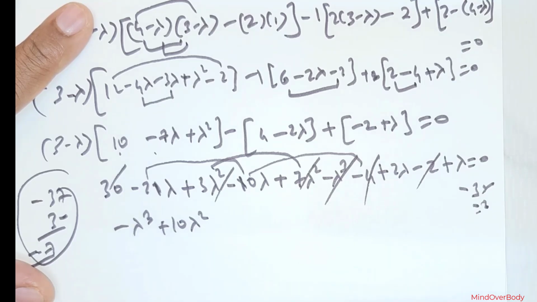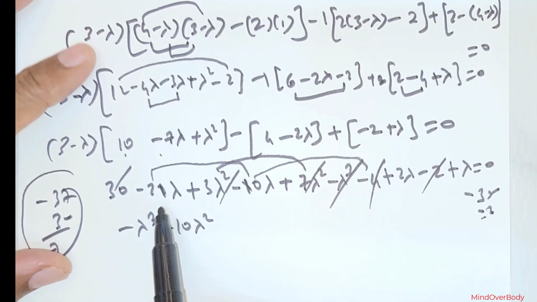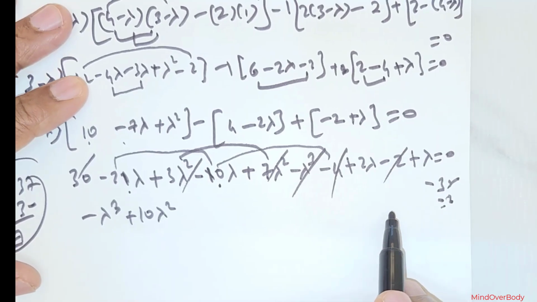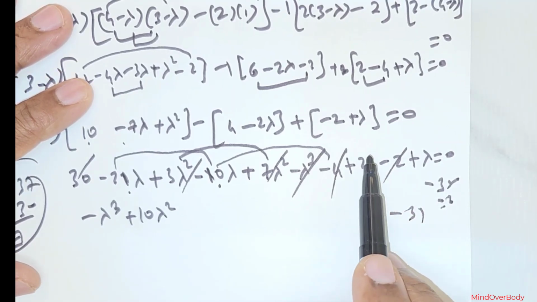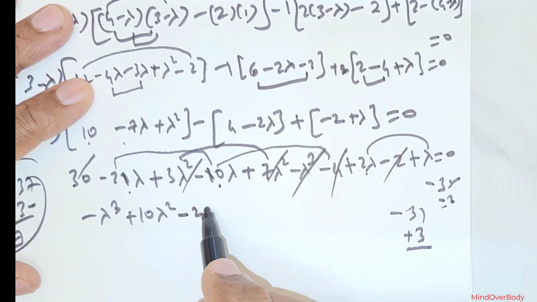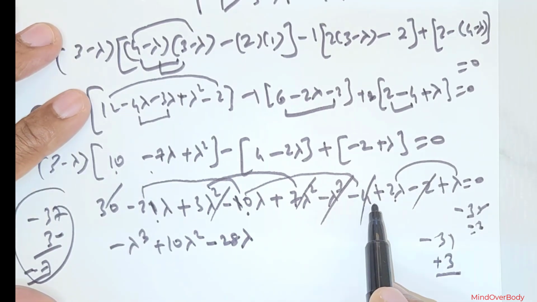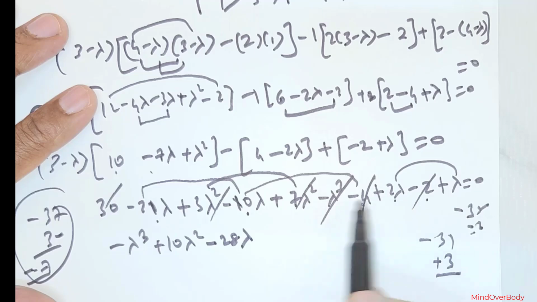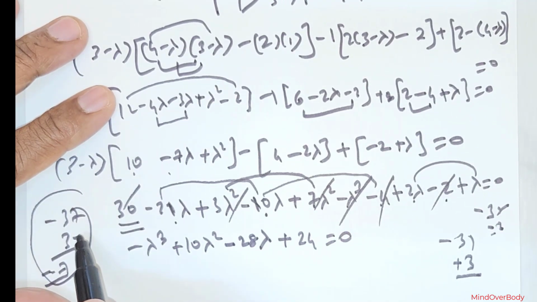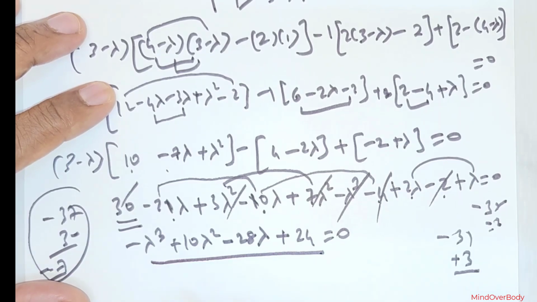So we will have to do some checking in this case. You take negative 21 and negative 10, that's negative 31. And you have a 2 lambda with 1 lambda, so you have to take that into account. So this addition will give you negative 28 lambda. So that is for the lambda part. Next you add negative 4 with 2, that's negative 2, added with 30. That will give you positive 24 is equal to 0. Okay. So this is what you have got.